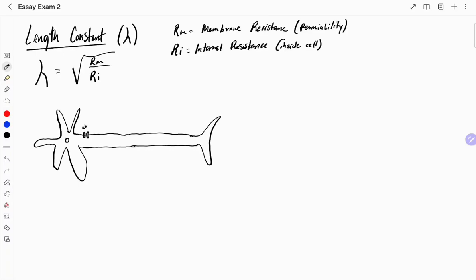When you have a positively charged, for example, a sodium ion that's passing through the membrane, coming into the cell, that has an electromagnetic force field that is going to send the signal that's going to travel down the axon towards the synapse.